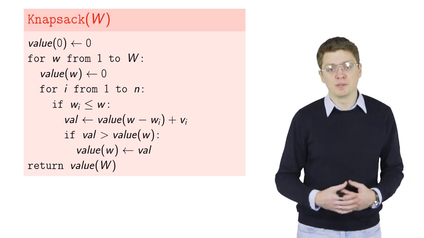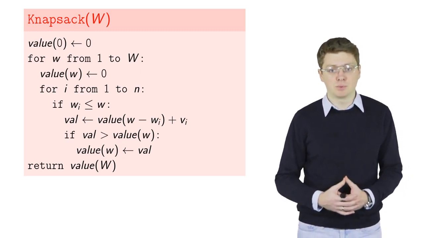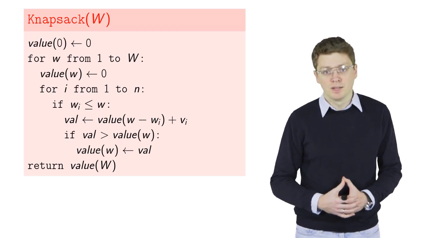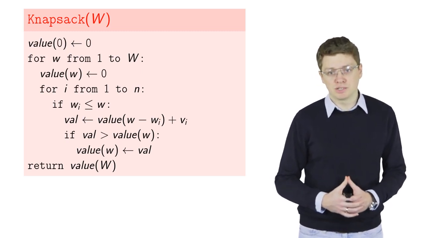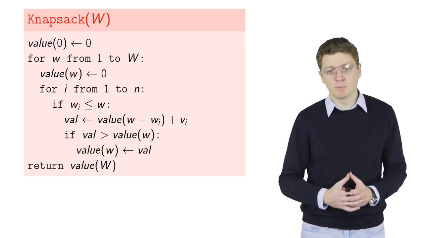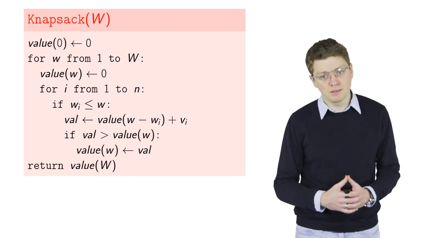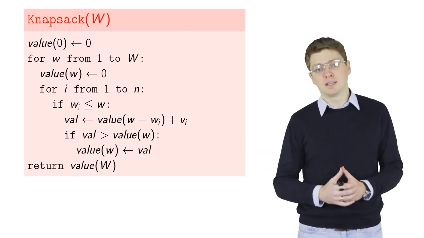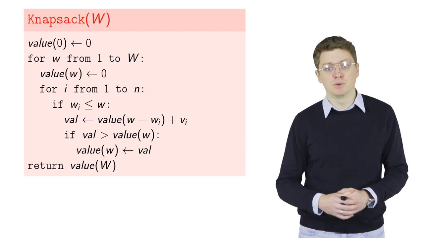Then we go in a loop from W equal to 1 to capital W. And for each such W, we just compute the corresponding maximum as follows. We go through all items i such that Wi is at most W.